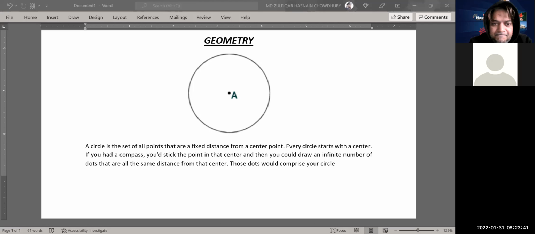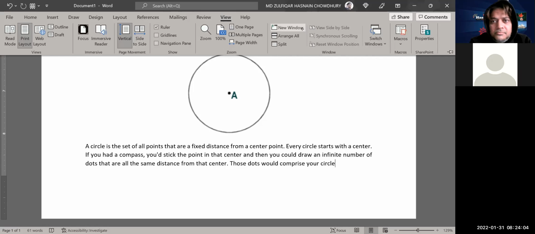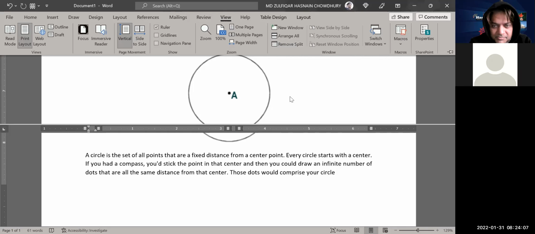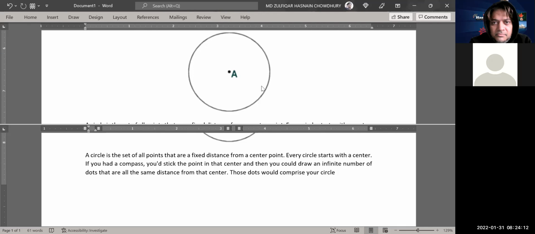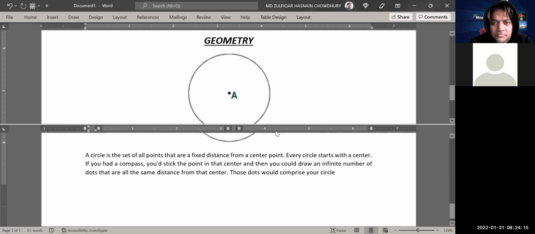What is a radius? The radius is like a line from the center to the edge of the circle.